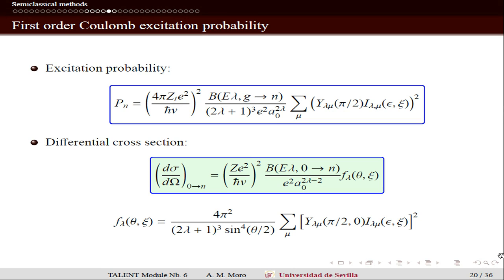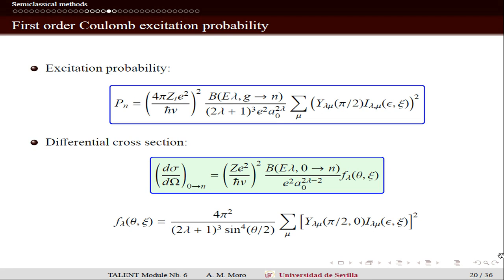It depends only on the adiabaticity parameter that is related to the excitation energy, so it will be different for each final state, and also depends only on the scattering angle, this theta here, that appears also through the eccentricity parameter. So for each excitation energy, for each scattering angle, we can evaluate this with some code, and the rest of the expression is analytical.